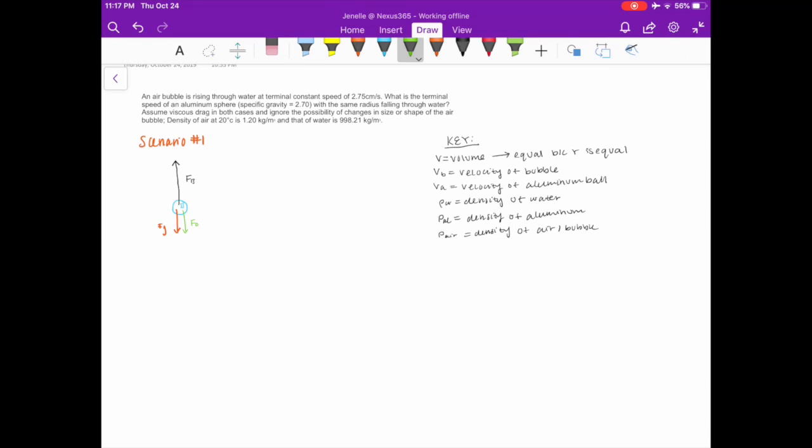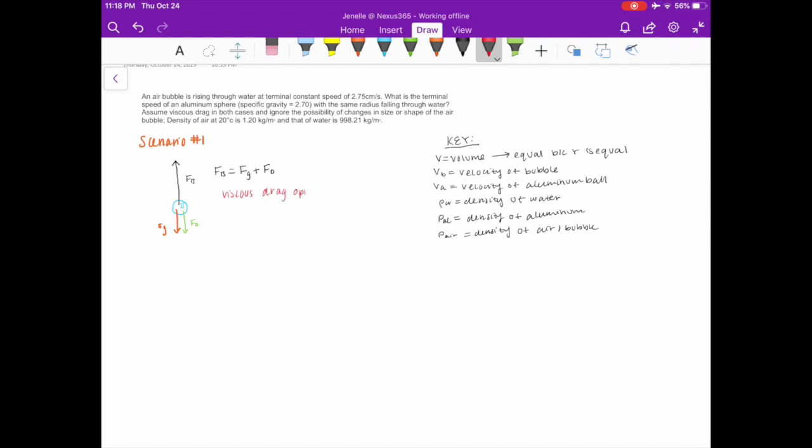What's the relationship between these three forces? Well, this bubble is rising at constant terminal velocity, meaning that the net force is equal to 0. This also means that the magnitude of the buoyant force must equal the magnitude of the gravity force plus the viscous drag force.